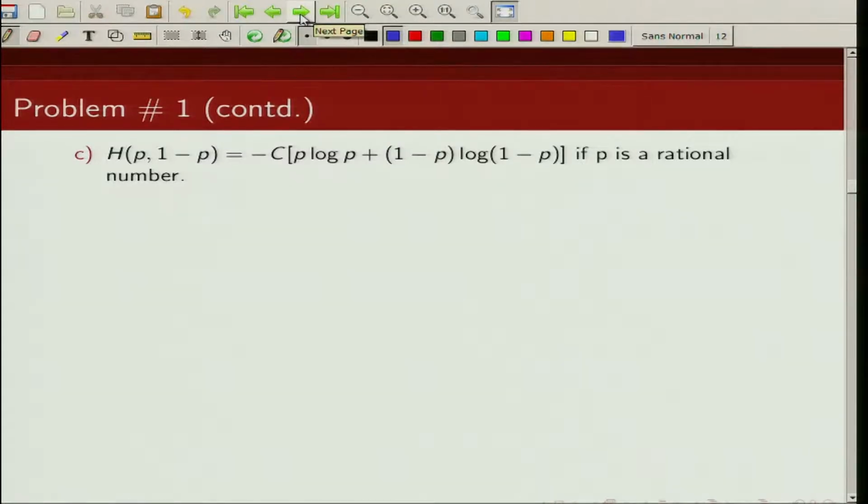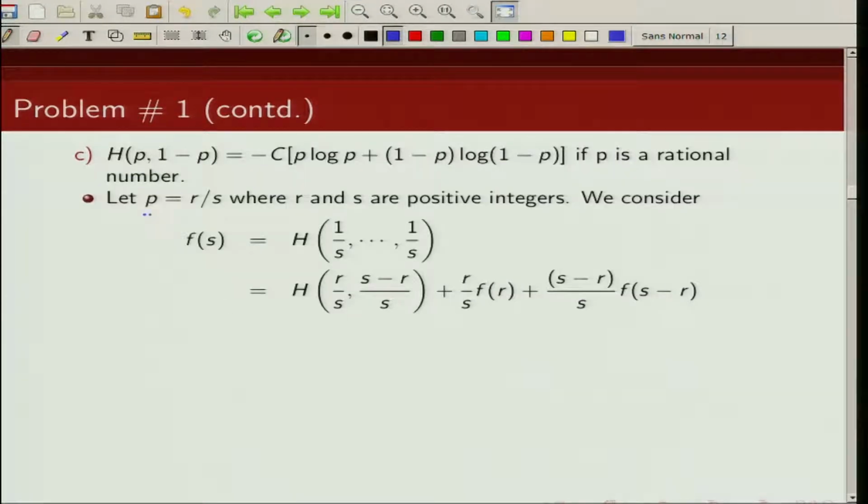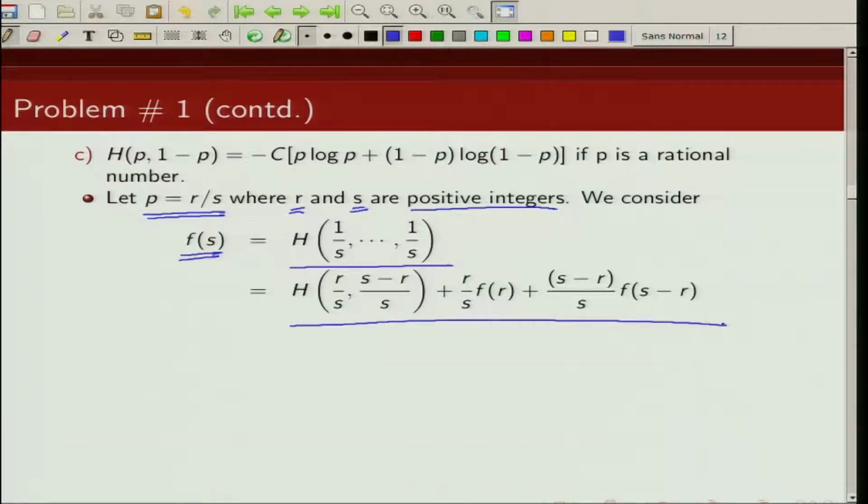Now you can show the entropy of (P, 1-P) is of this form, where P is a rational number. So let us take P to be equal to r/s, where r and s are positive integers. Now from the first axiom we can write f(s) like this, and from the branching axiom we can write this entropy in this particular fashion.